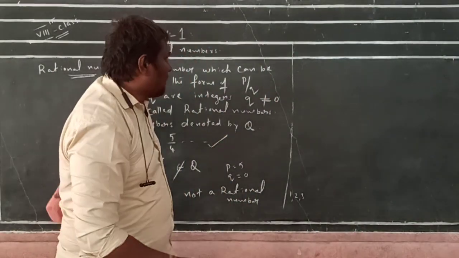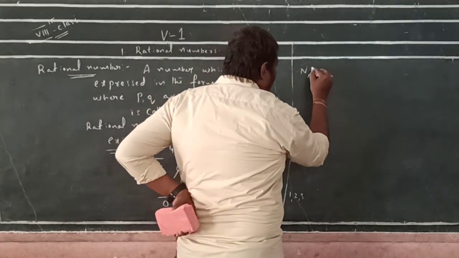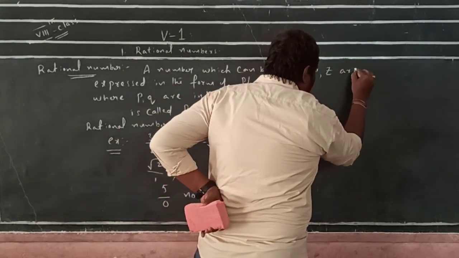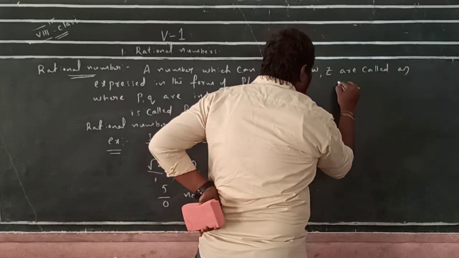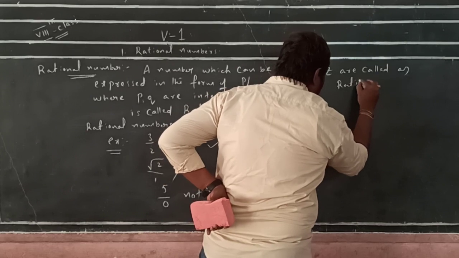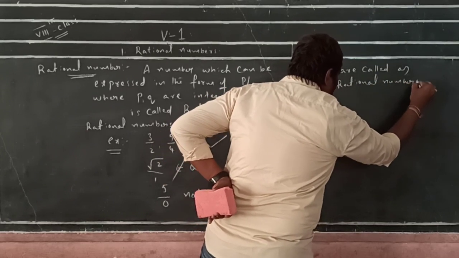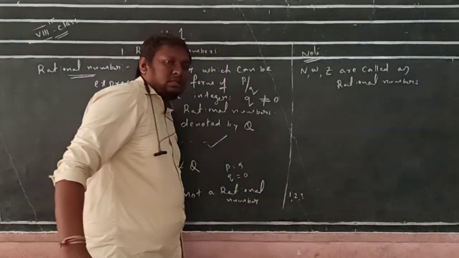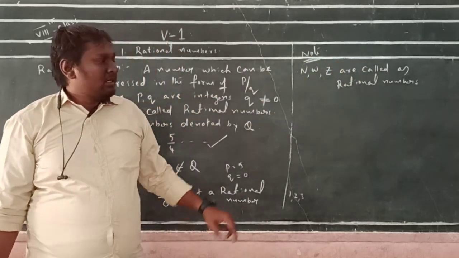Okay, next. Here the natural numbers, whole numbers and integers are called rational numbers. Note, the natural numbers, whole numbers and integers are called rational numbers.